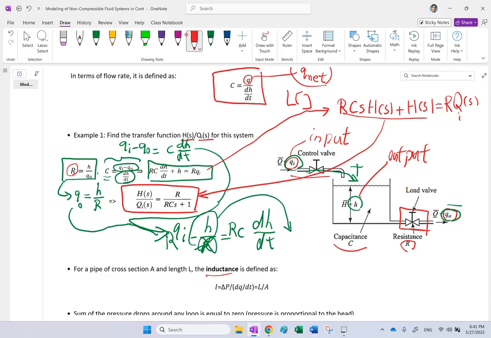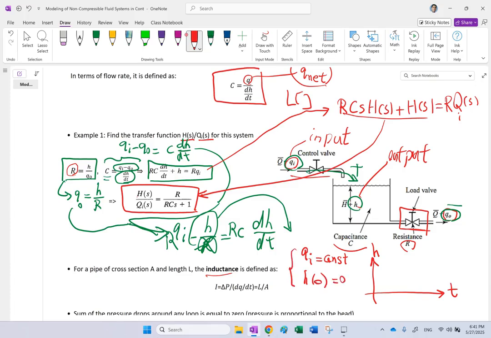So clearly in this case, the height as a function of the inlet flow rate is a first order system, like an RC circuit. For instance, if I have a fixed Qi, so let's say Qi equals some constant, and this is H versus time, and let's say initial H is 0, so the tank is initially empty.